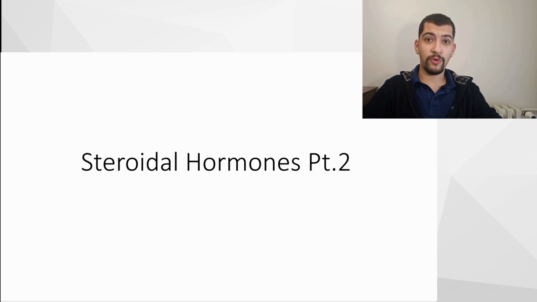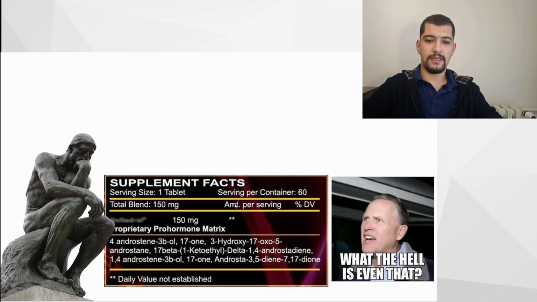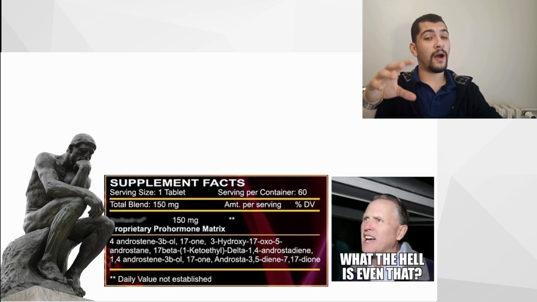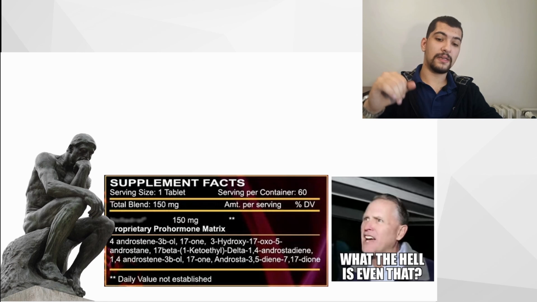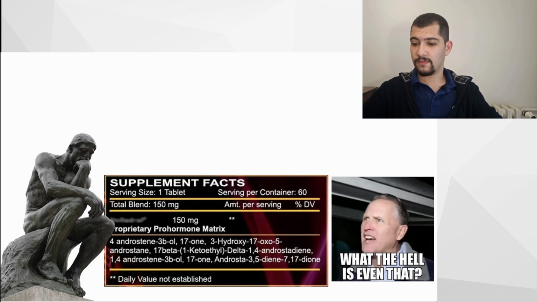So for example, if you look behind a supplement that contains prohormones or an over-the-counter aromatase inhibitor, you can easily see that the ingredients they list are generally not even closely readable for an average Joe.